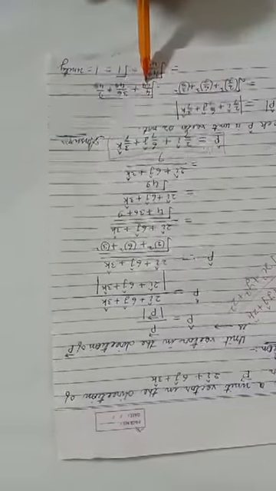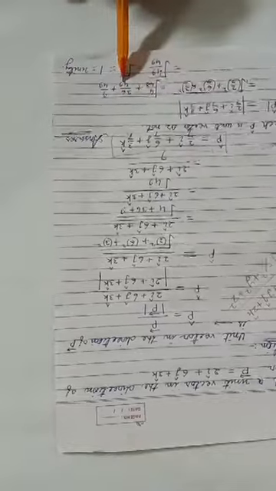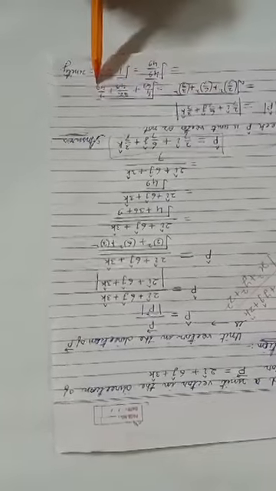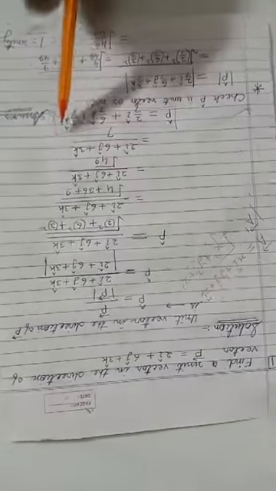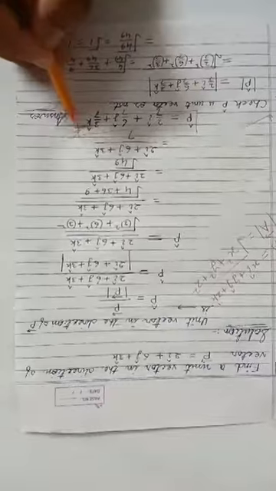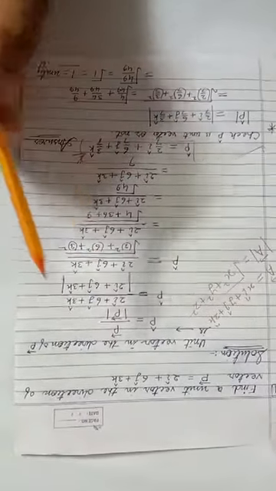Now 2 by 7 square is 4 by 49, 6 by 7 square is 36 by 49, and 3 by 7 square is 9 by 49. So it comes 49 by 49, that is root 1, that is 1, that is unity. So this vector which you have calculated has magnitude equal to 1, so your answer is correct. In this way we calculate the unit vector. It is very important. You should know how we calculate a unit vector.